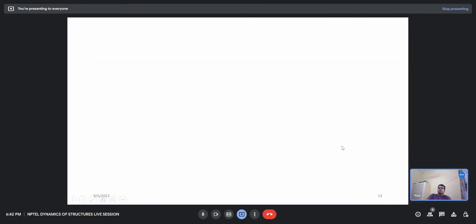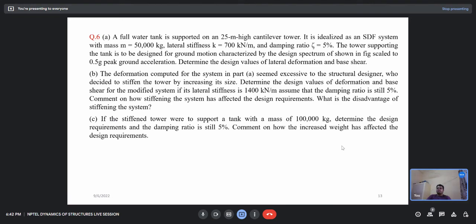So now we are moving to another and longer problem. A full water tank is supported on a 25-meter high cantilever tower, and it is idealized as a single degree of freedom system with a mass of 50,000 kilograms. The lateral stiffness is 700 kilonewton per meter, and the damping ratio is 5%.